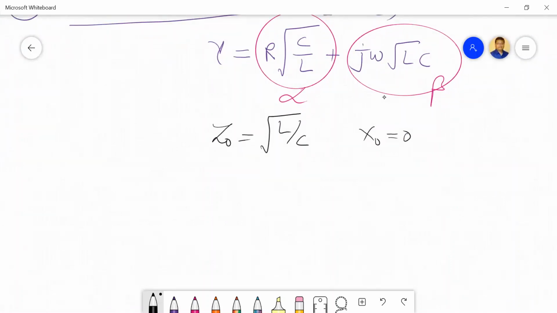So this attenuation term is independent of frequency, whereas the phase component is a linear function of frequency. Because of this condition, actually, what we used.